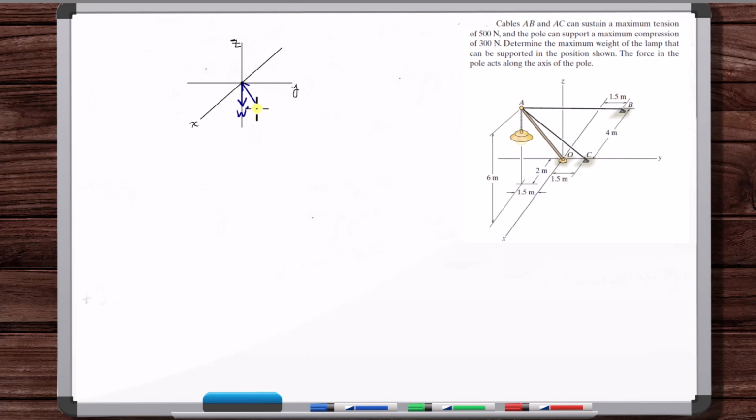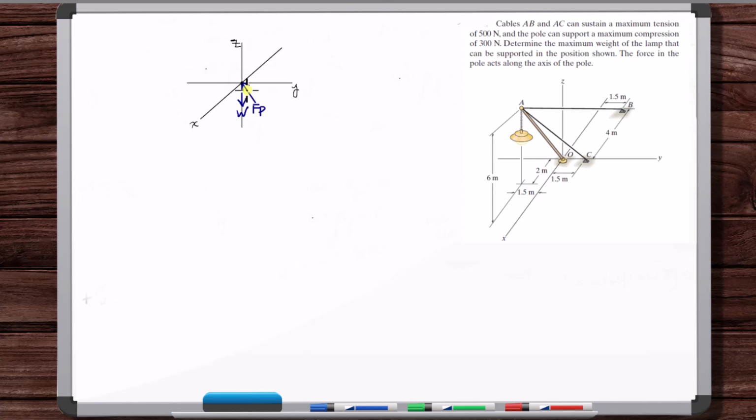But we're not going to put 300 right here, and you'll see why later in the problem. We're just going to put FP, the force in the pole. This seems like an unknown force because we didn't put 300, but it's going to act as a known force because once we get our equations, we're going to end up substituting in this 300. So it's kind of like a known force. And when you have a known force, you have to get the sense right.